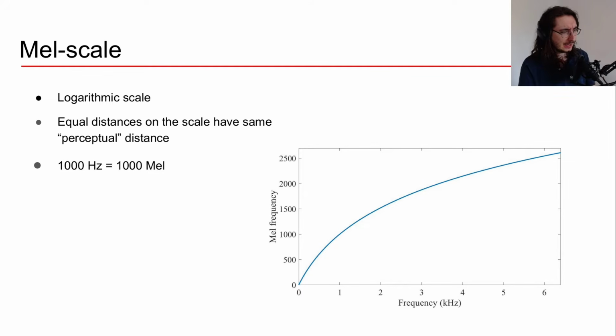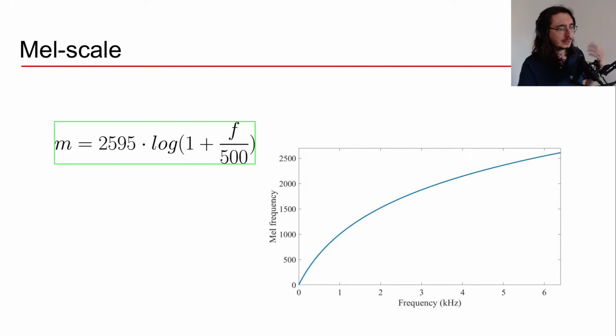Okay, but now let's take a look at how we can move from the frequency expressed in hertz to the frequency expressed in mels. And it's this empirical formula here, found by trial and error with experiments. The important thing here, apart from all of these constants, is the logarithm that we use. And indeed, we have this logarithmic kind of relationship.